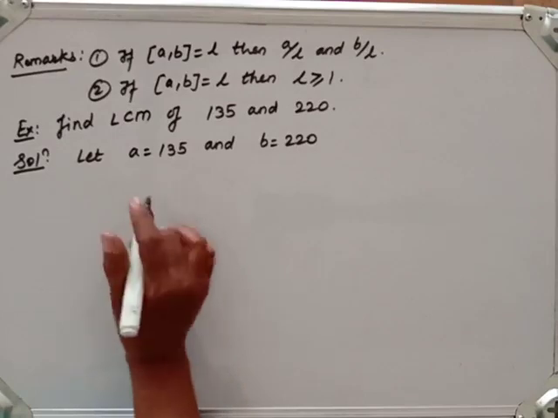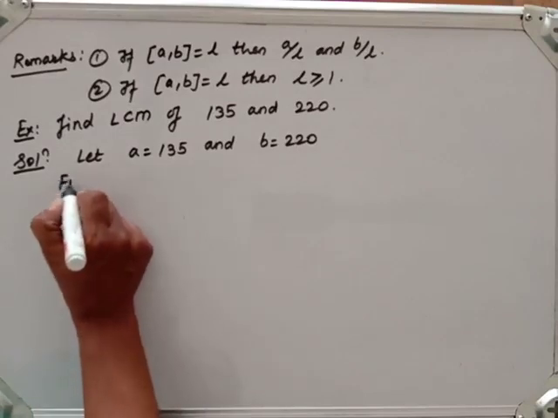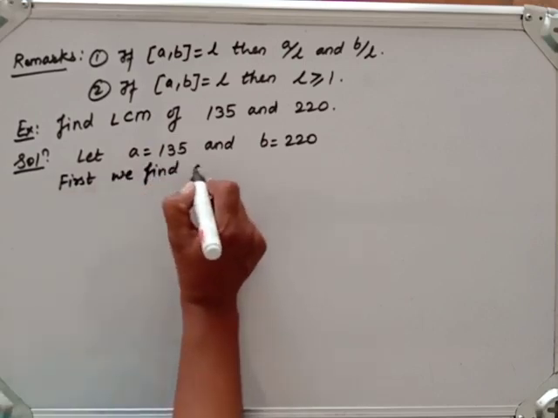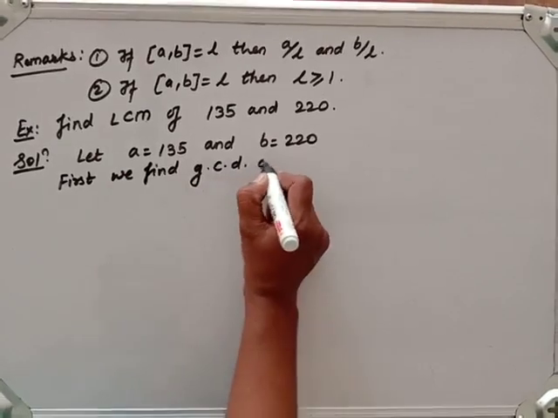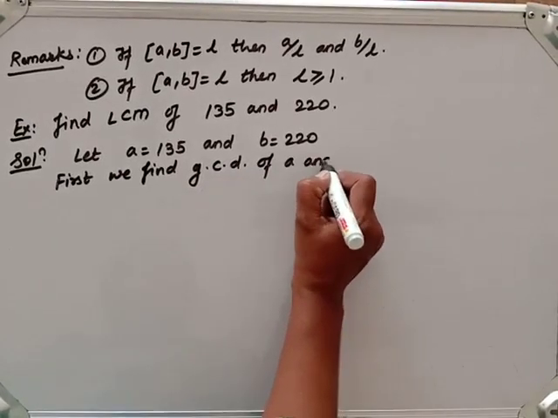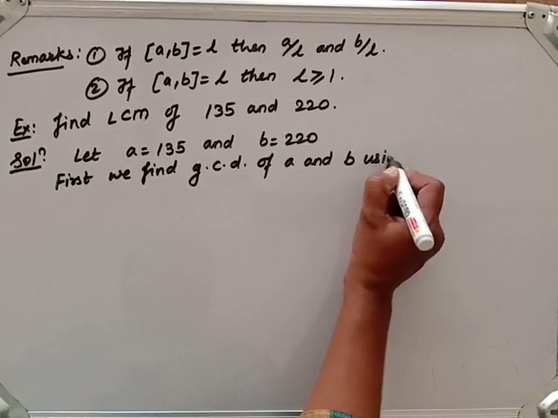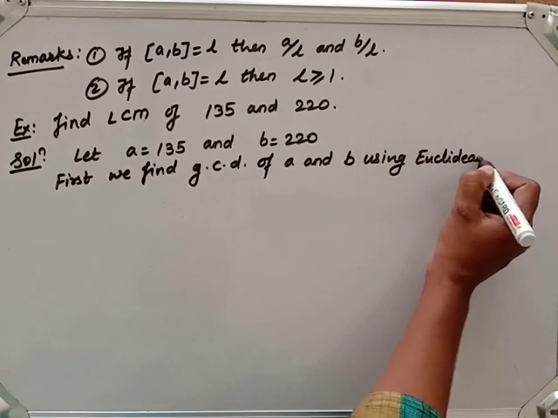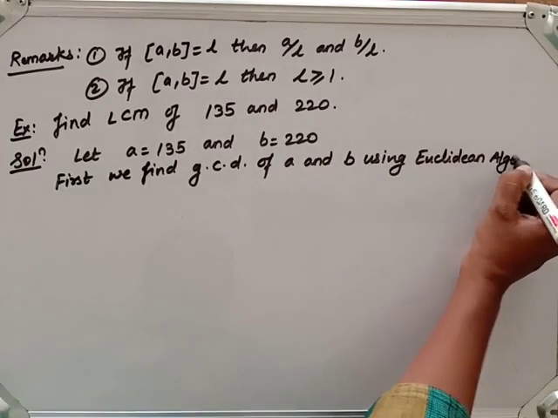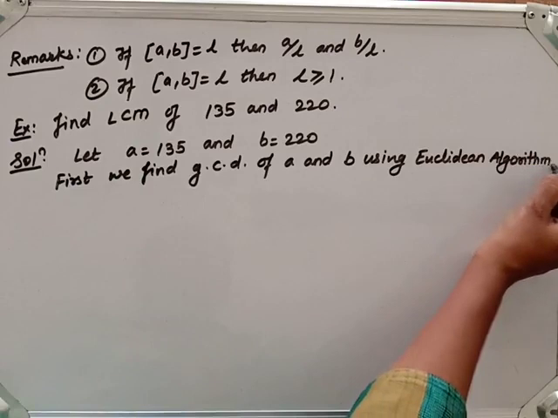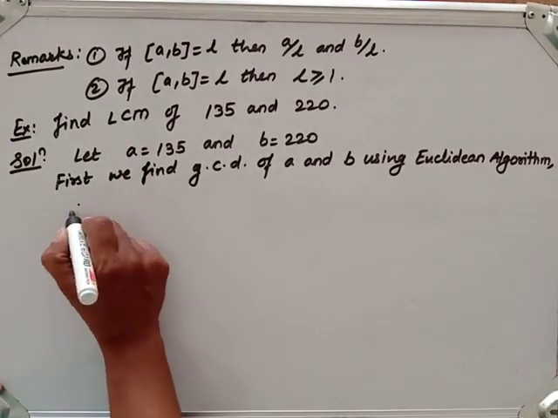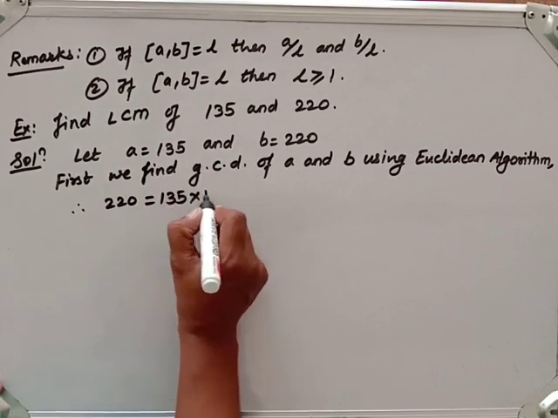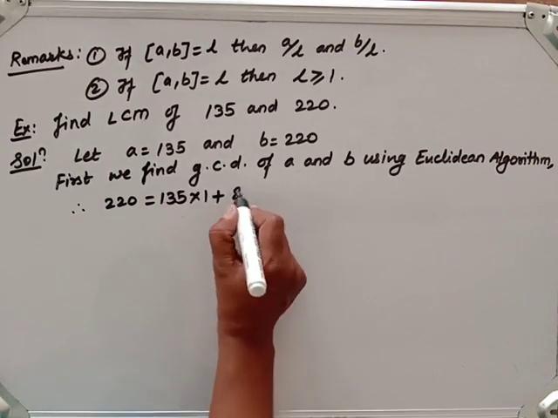So let me assume A is this, B is this. We are applying the division algorithm. Therefore, first we find GCD of A and B using the Euclidean algorithm. Therefore, 220 is equal to 135 into 1 plus 85.